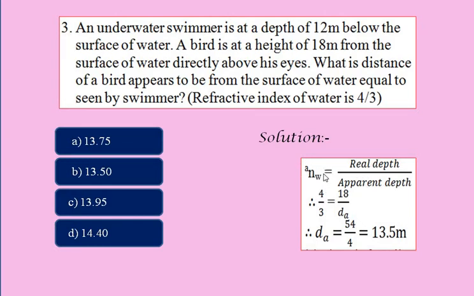Here the refractive index of water with respect to air is equal to 4 by 3. Putting the values, real depth is 18 and dA is the apparent depth. Therefore dA is equal to 54 divided by 4, which is equal to 13.5. So the correct answer is 13.50.